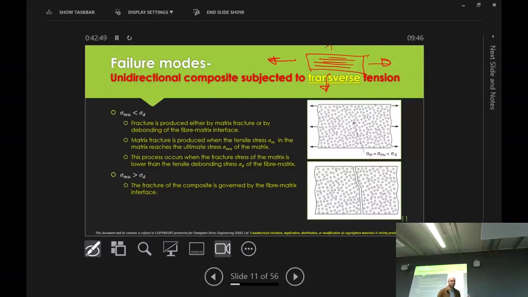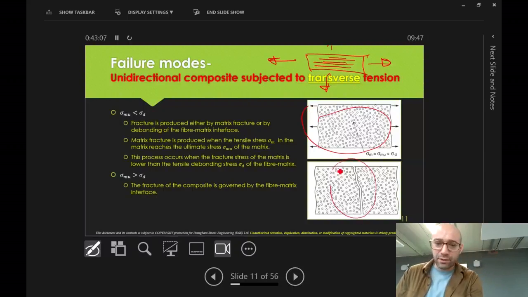What's going to happen? It's going to depend on the matrix strength. There's no fiber to take the load, is there? So if it's a perfect bond, the debonding is not an issue, then the matrix is going to crack. If the bond is not good, on top of that matrix cracking, you could get debonding at the interface of the fibers and the matrix.